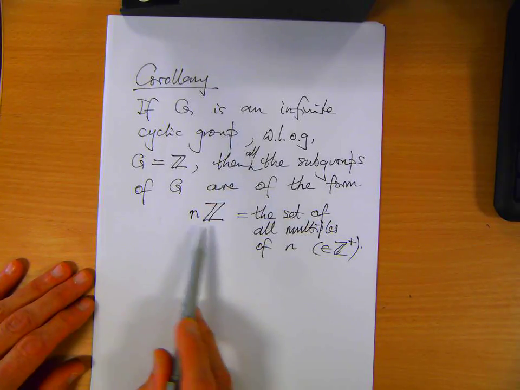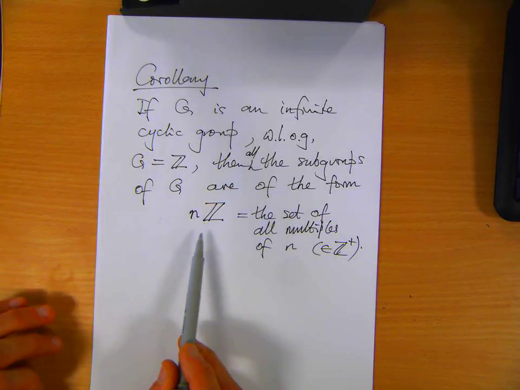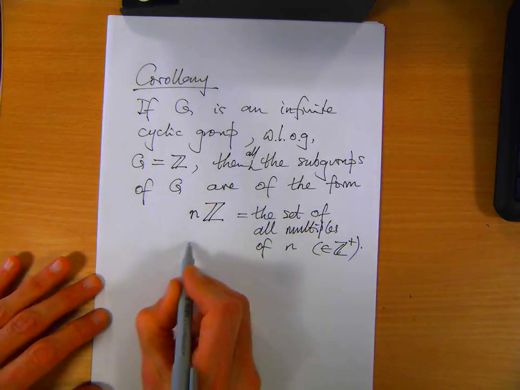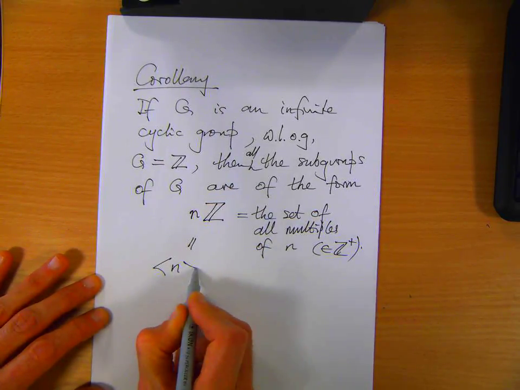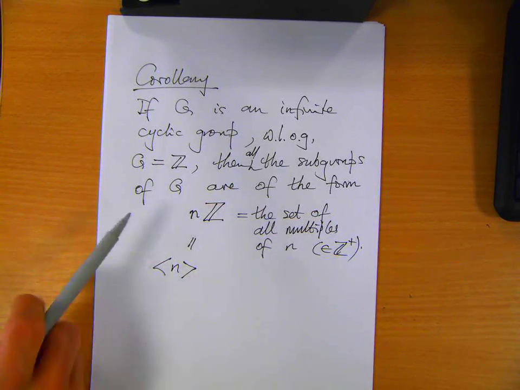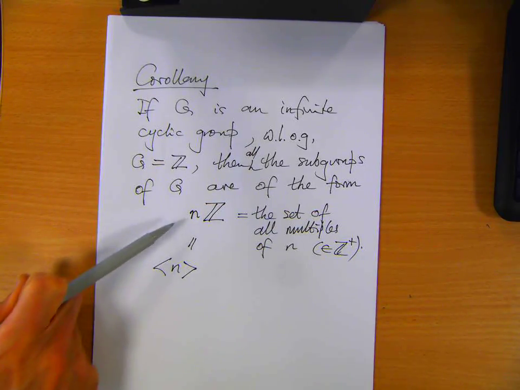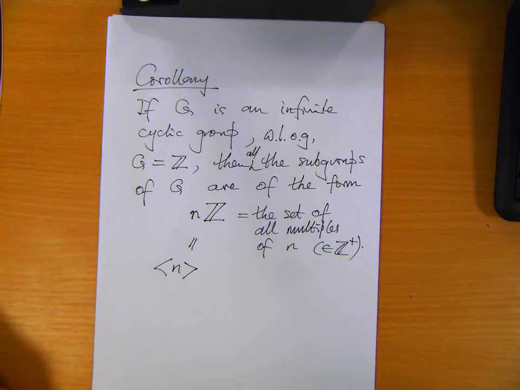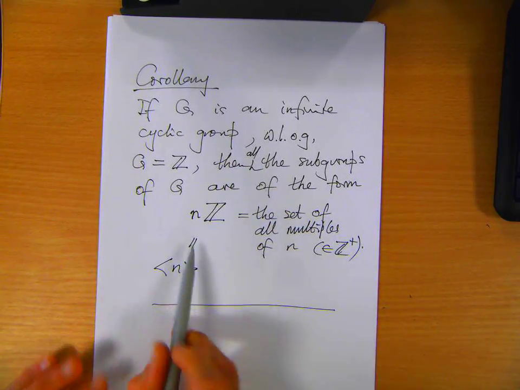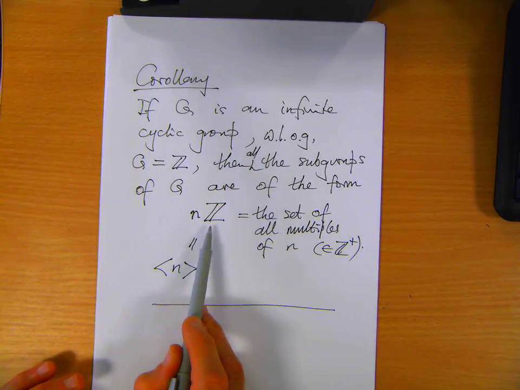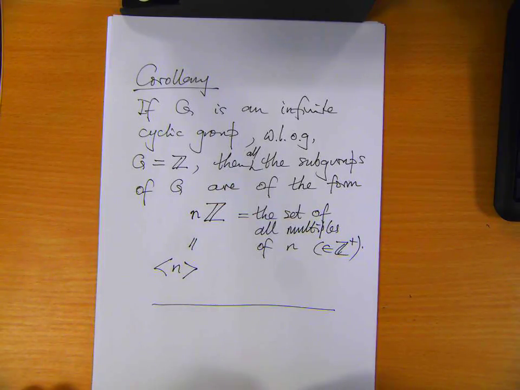If we take these multiples of n, that's a cyclic subgroup. It's actually the subgroup generated by n. So these are all the cyclic subgroups, but every subgroup is cyclic, so all subgroups must be of this form. So we know all the subgroups of the integers. They're just multiples of a particular integer.